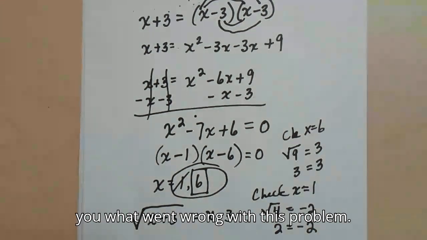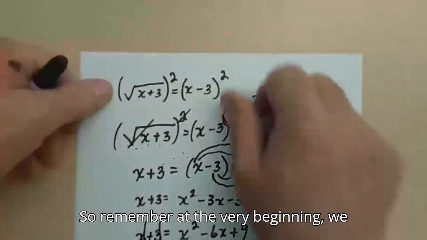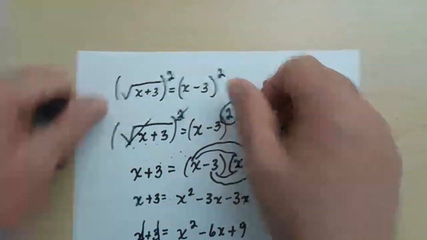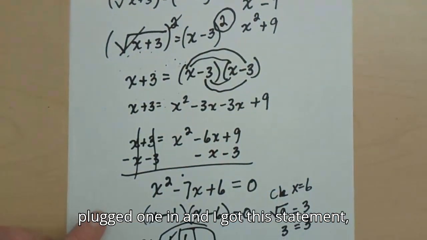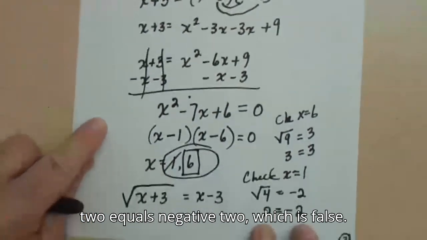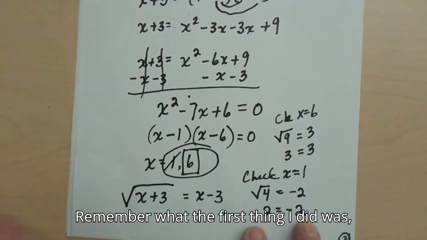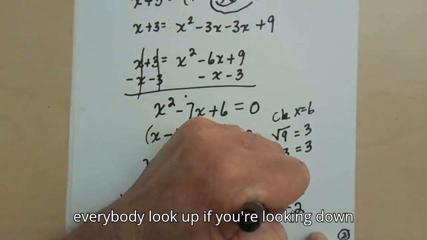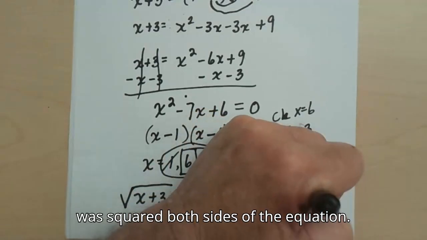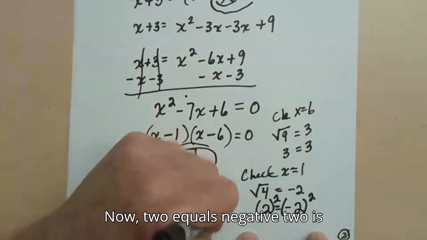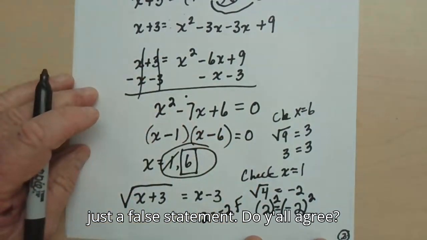I'll tell you what went wrong with this problem. So remember, at the very beginning, we squared both sides, right? Okay, y'all take a look here. When I plugged 1 in and I got this statement 2 equals -2, which is false. Remember what the first thing I did was, everybody look up if you're looking down at your notes. The first thing I did was square both sides of the equation. Now, 2 equals -2 is just a false statement. Do y'all agree?